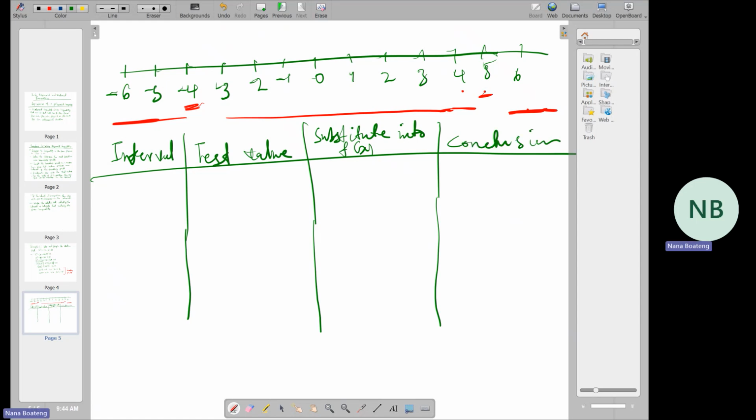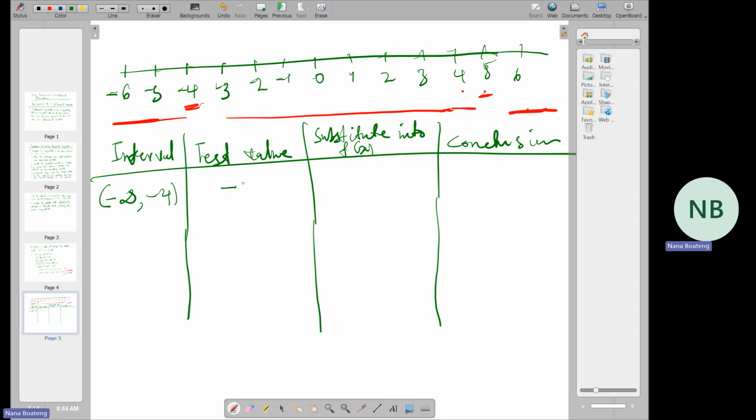So our first interval is negative infinity to negative 4, right? And so we can pick a point here such as -5. In the interval negative infinity to -4, we can pick a number such as -5 as our test value.